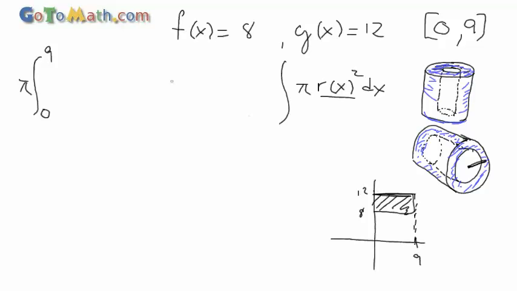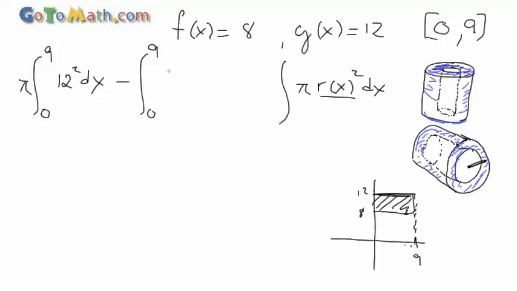In this case, r is actually the big number, but I want you to try to understand what's going on. Technically, they call this the washer method because the washer has a hole in it, but what we're really doing is the disk method. Two separate integrals of the disk method. We take the outer one and then we subtract off the smaller one. So we find this volume first. This is our function here, 12 squared dx, and then we subtract off the smaller one, still going from 0 to 9. That's like the height of the cylinder.